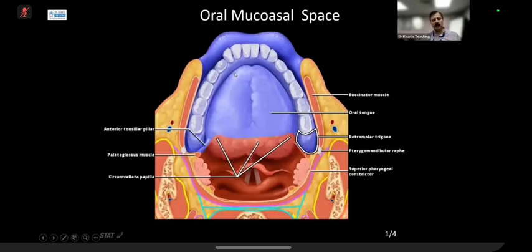Now, key point, you have to have a very clear-cut idea of what is oral cavity. And please remember, oral cavity is different from oropharynx. And the key differentiation is the boundary between the oral cavity and the oropharynx. Oropharynx we are going to cover next time.